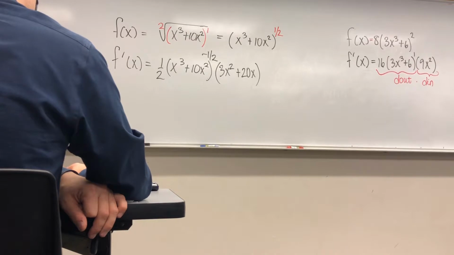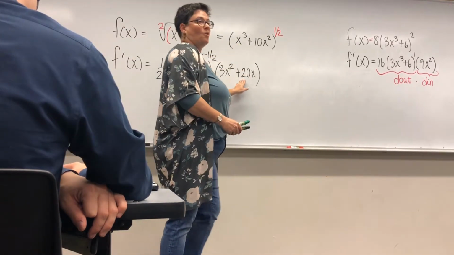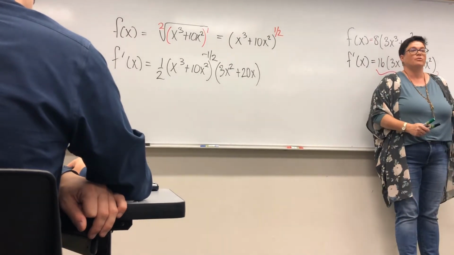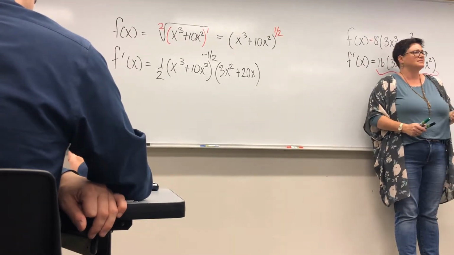We've been doing d out d in all along. You just never thought about it because the inside function's derivative is always 1 when the inside function is x. When it's more than x, you have a little more work to do. But it's a natural progression from what we were doing before. Does it make sense?